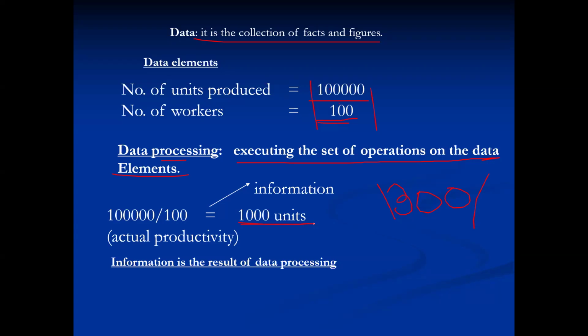And the management has been noticing the same trend for 3 months: January, February, March. If the skilled workers leave the company, automatically the production will come down. So the management has to reconsider their employee policies. Why are people leaving my organization? How to retain them? Whether we have to increase the fringe benefits to the employees, or whether we have to improve the working conditions of the employees.